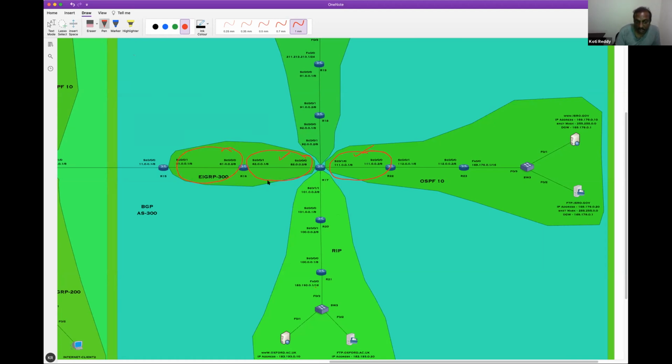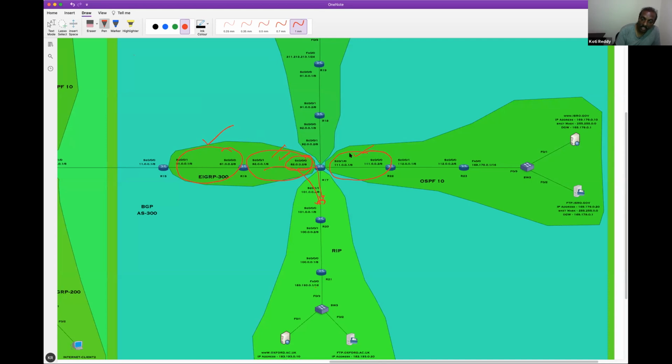But when I try to redistribute from EIGRP into RIP protocol, the 81 network is an EIGRP route on R17, so this should definitely be redistributed. But why should 82 be redistributed? 82 is actually a connected network ID. But because EIGRP is enabled on this interface, as part of redistribution this particular network also will get redistributed into RIP protocol.